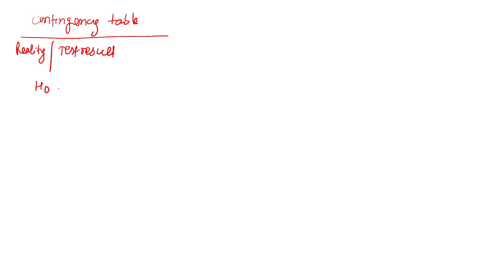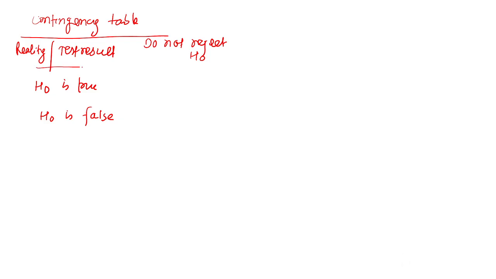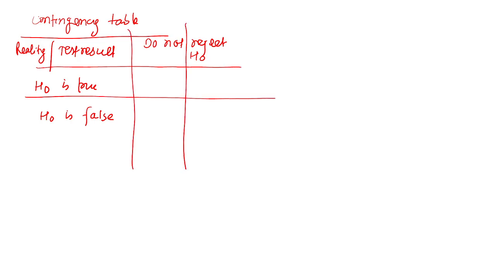If H naught is true, or H naught is false, and the test outcome is either fail to reject, or maybe we can say do not reject H naught, or reject H naught.